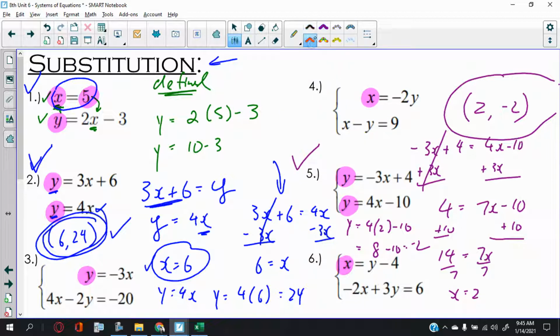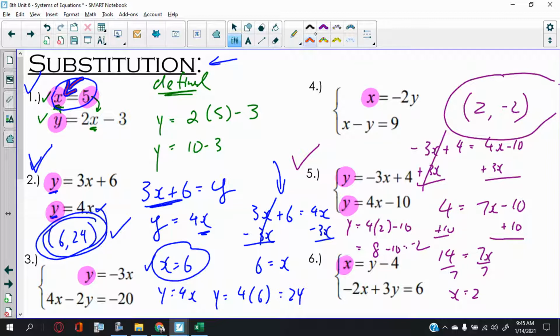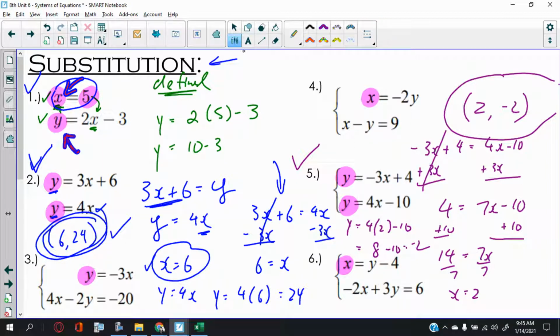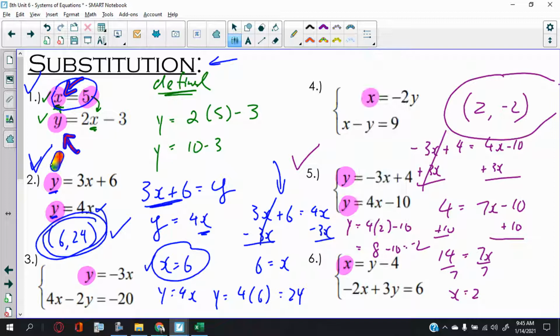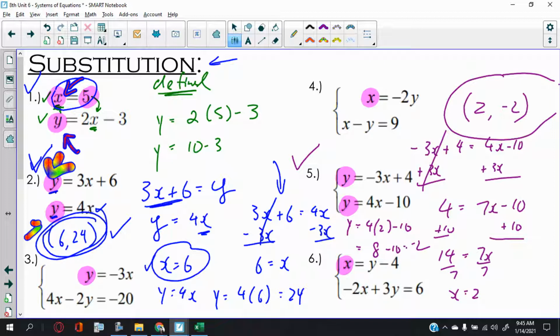So let me just use a very strong color. Isolated. This was isolated. Isolated y. The x here is isolated. The y is isolated. The x is isolated.